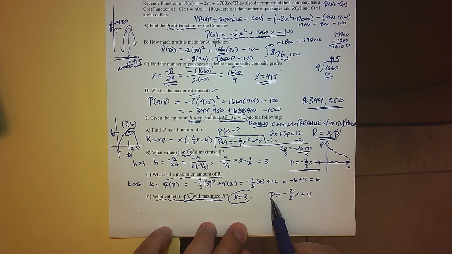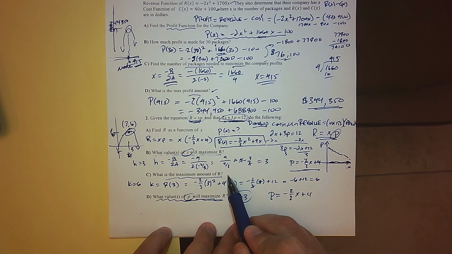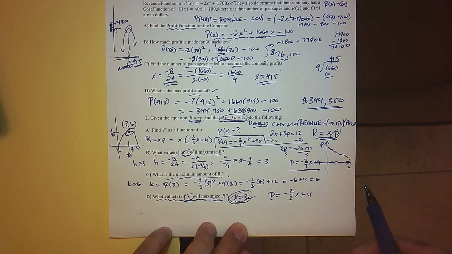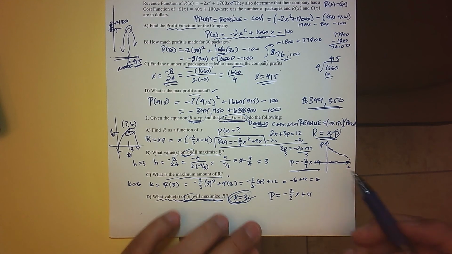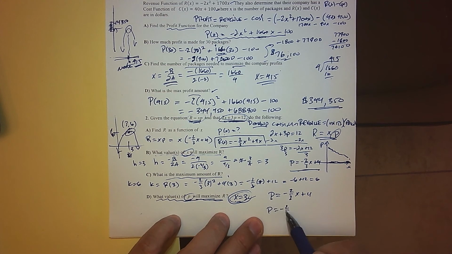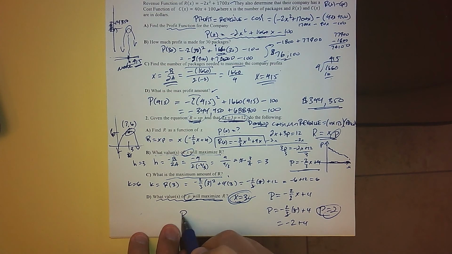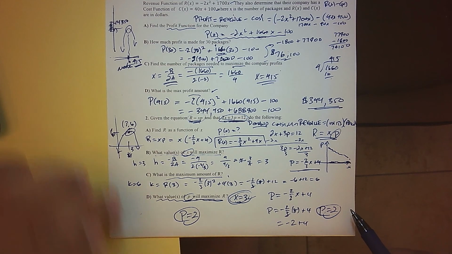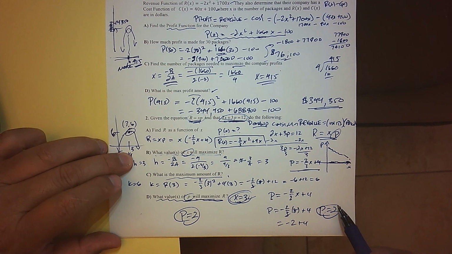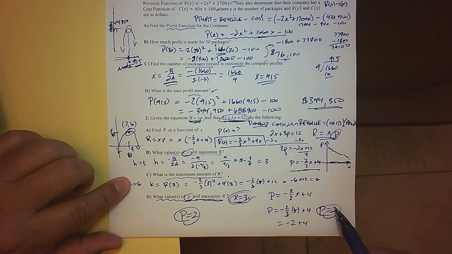So to find the price that maximizes the revenue, all I've got to do is substitute the value of x where that all happens. And so in this case, we get negative 2/3 times 3 plus 4. The 3's will cancel out, and it looks like P is equal to 2. So when P is 2, we maximize the revenue, right? When x is 3, we maximize the revenue, and that maximum revenue is 6.